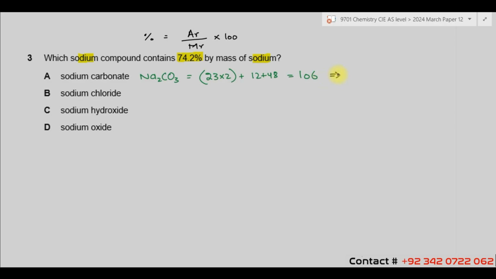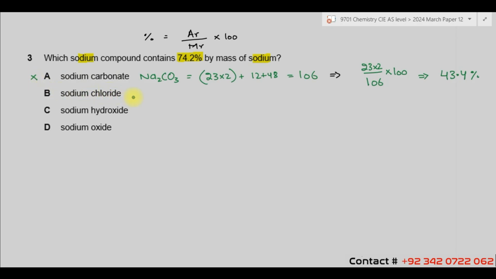So atomic mass of sodium is 23, number of atoms is 2. So 23 into 2 over Mr of compound 106 into 100. This gives us the percentage of sodium. So it's 43.4%. This is wrong.